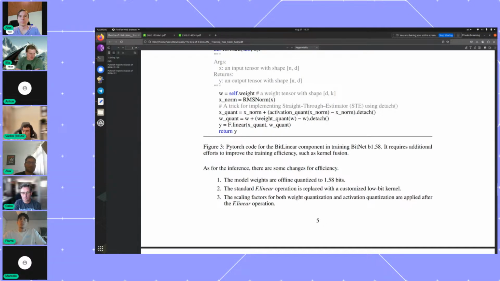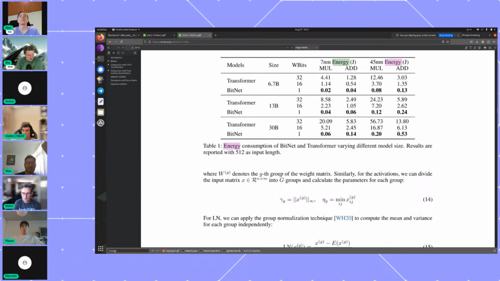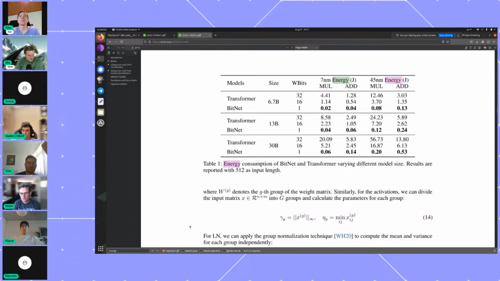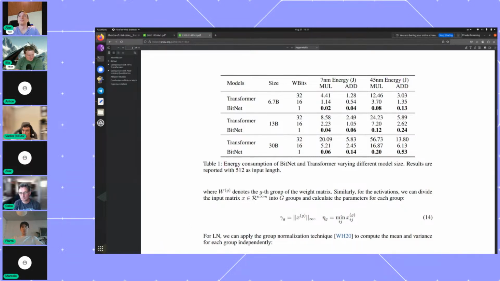I'm looking at a comparison in the 1-bit paper, and they show that on a 7-nanometer processor, addition on 32 bits compared to 1-bit is about 40 times cheaper to do in 1-bit, and multiplication is about 300 times cheaper. So you're potentially getting a massive energy saving.